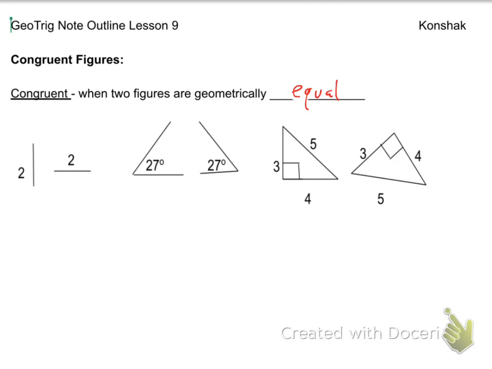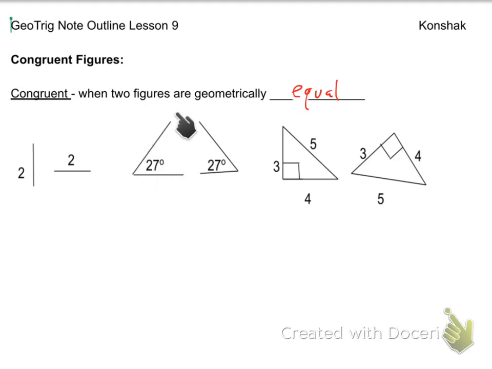Next up is the pair of angles. Guys, if this angle is 27 degrees and this angle is said to be 27 degrees, those two angles are congruent. They're equal. It does not matter, because all angles that are 27 degrees are congruent. I don't care necessarily about how long your terminating and initial sides are.